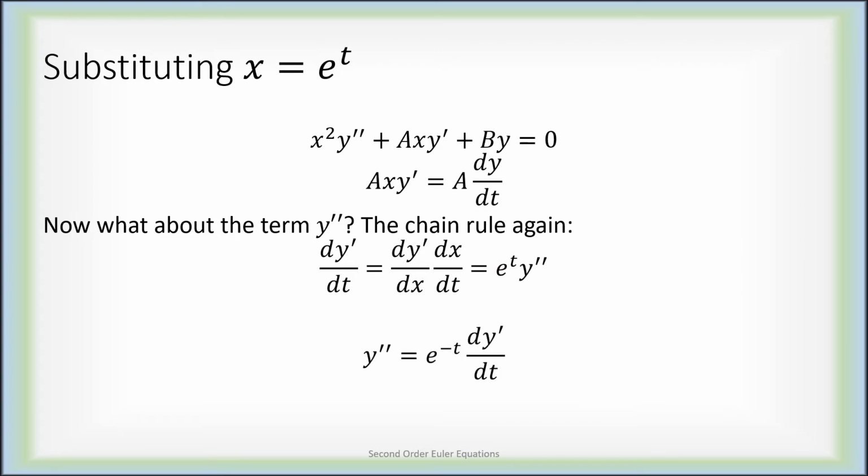So what's y double prime? It's e to the minus t times dy prime/dt. That's just taking dy prime/dt on the left, e to the t y double prime on the right, and dividing e to the t over to this side. So we found that y double prime, the second x derivative, is e to the minus t times d/dt of the first x derivative of y.